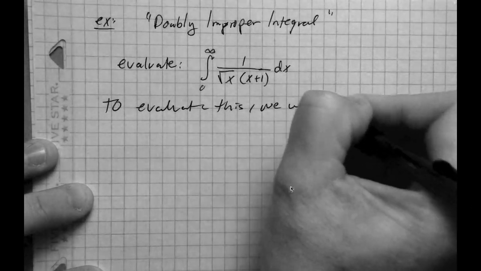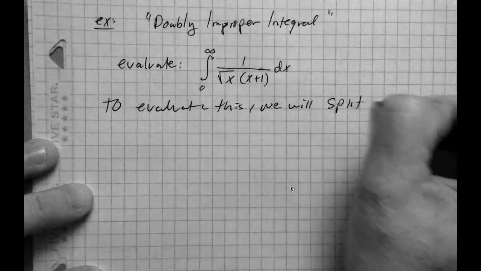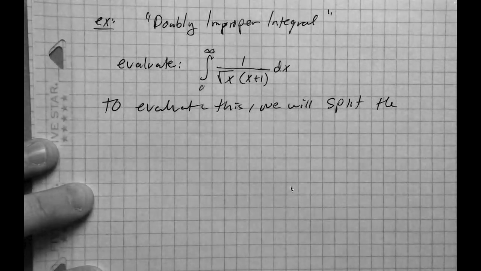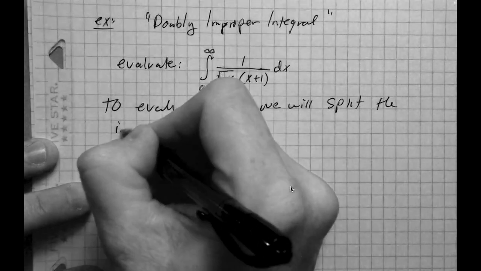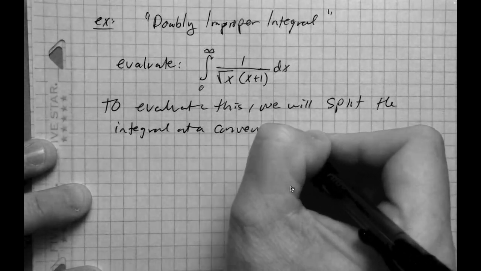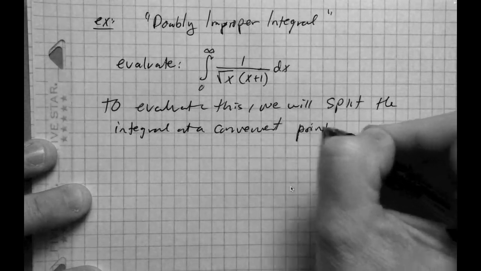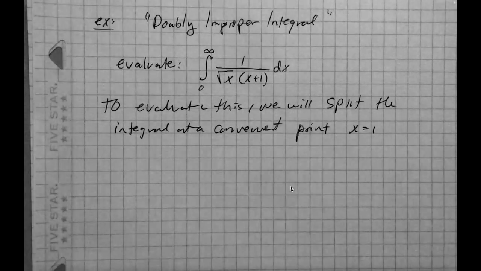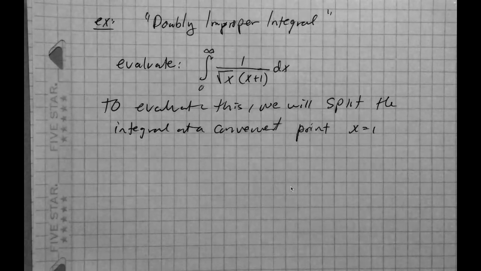we will split the integral just at a convenient point. We'll say x equals 1. It's convenient just because it's convenient to evaluate things at 1.